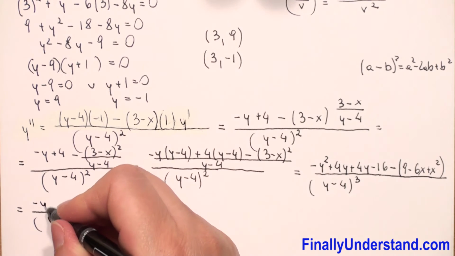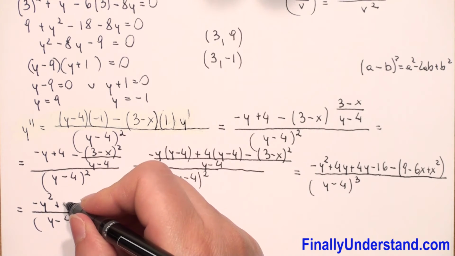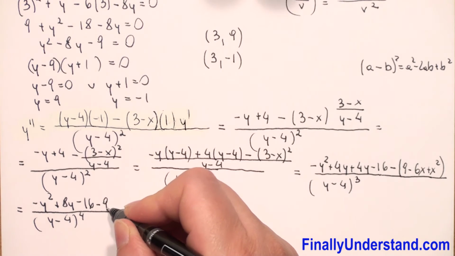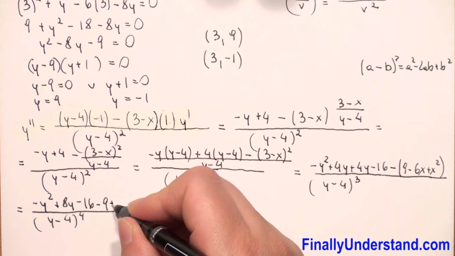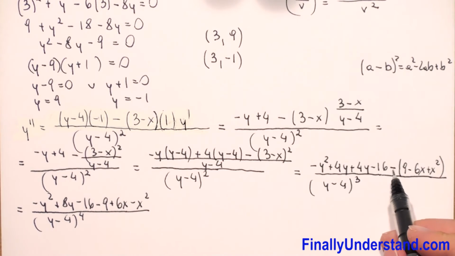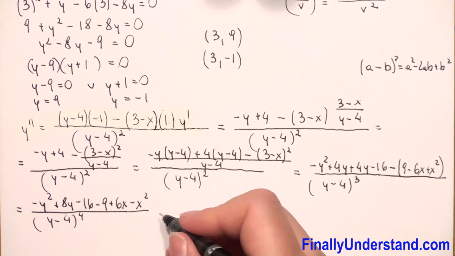So we have -y^2 + 8y - 16 - 9 + 6x - x^2. I just change the sign because we have a negative before the parentheses.